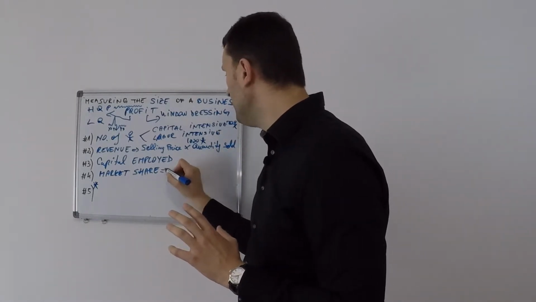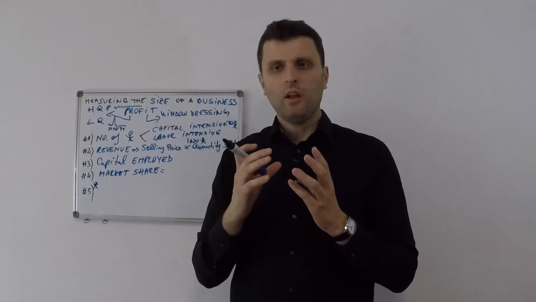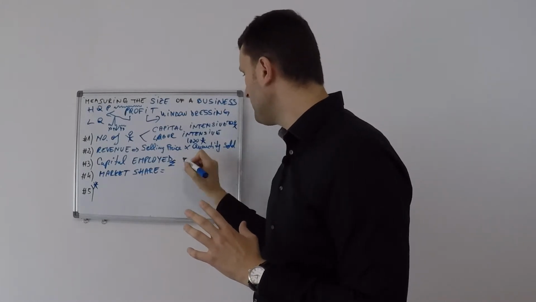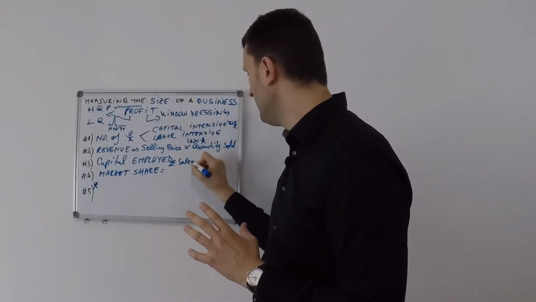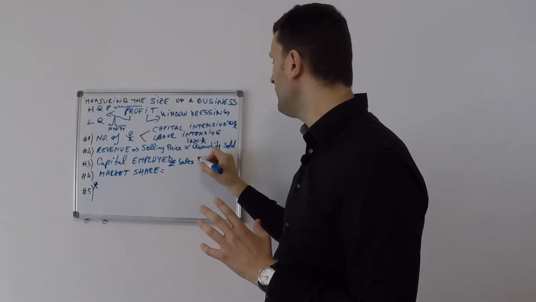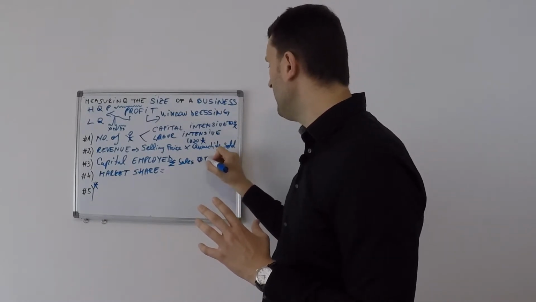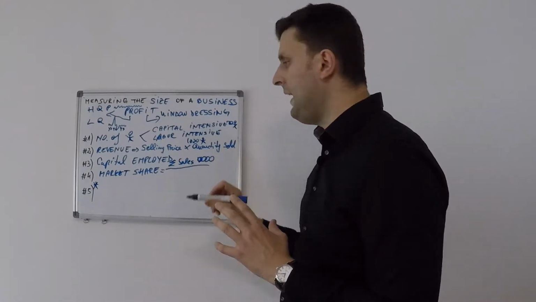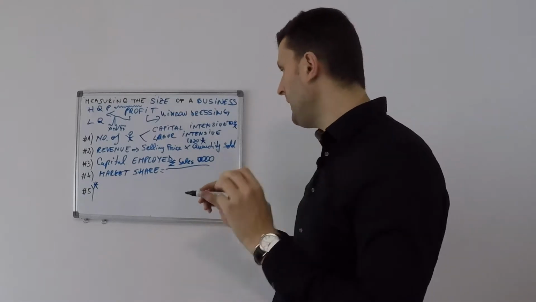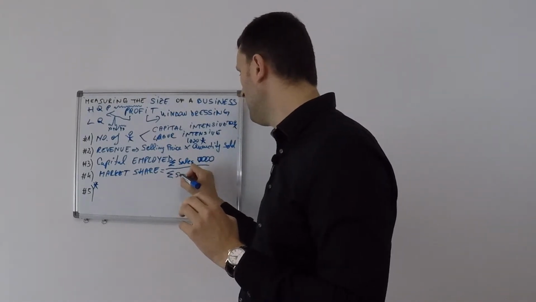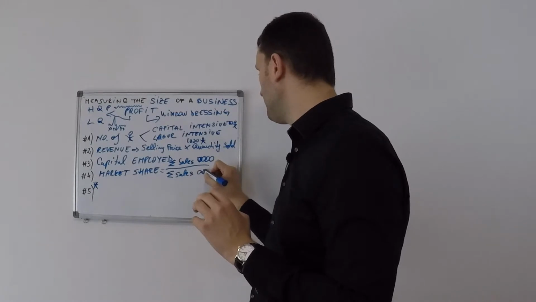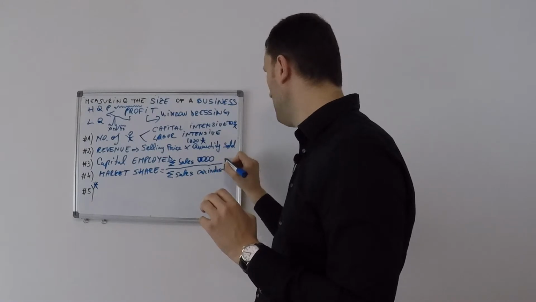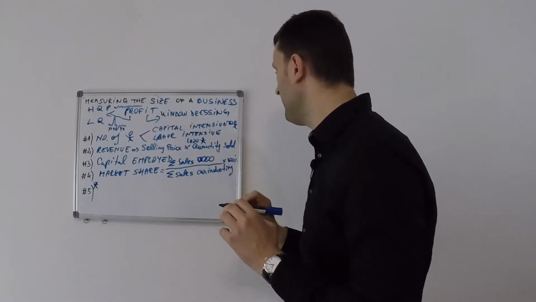So it would be, let's think of it this way, the total sales that our business has encountered, so the total sales of our business, and I would say here Audi, divided by the total sales in the car industry, multiplied by 100 because it's a percentage, okay?